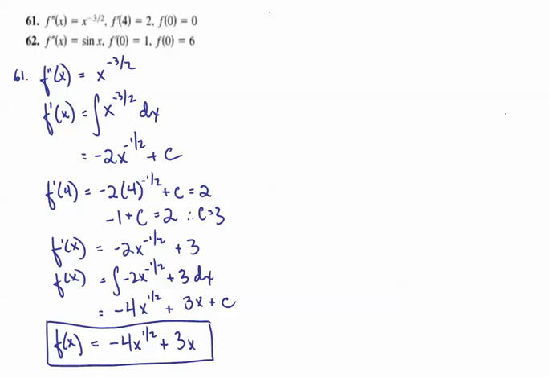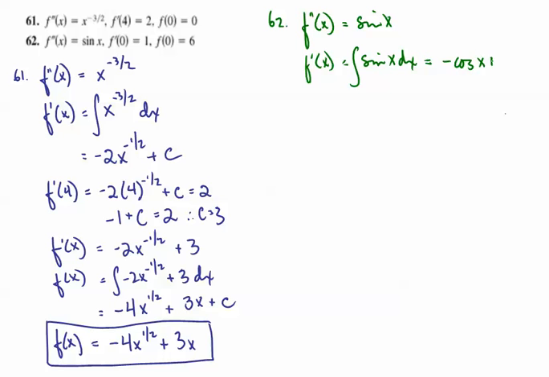One example of a trig function here. Starting at the second derivative, f prime prime of x is equal to sine x. So that means that the first derivative is the antiderivative of sine x, which we know is negative cosine of x plus c.